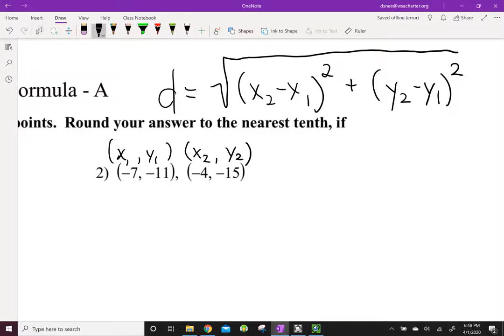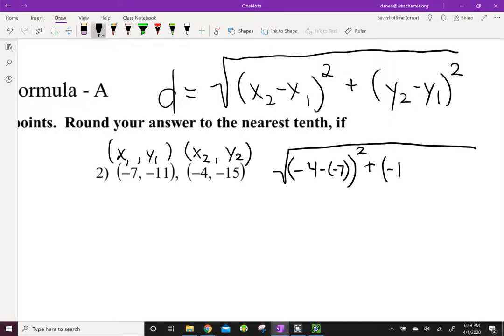So I'm going to do the square root. X sub 2 is negative 4. And x sub 1 is negative 7. So I have to subtract negative 7. And I'm going to square that. And then I'm going to add the difference between y sub 2 and y sub 1, negative 15.